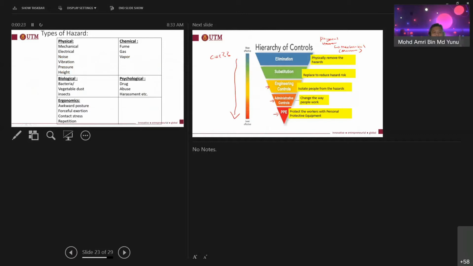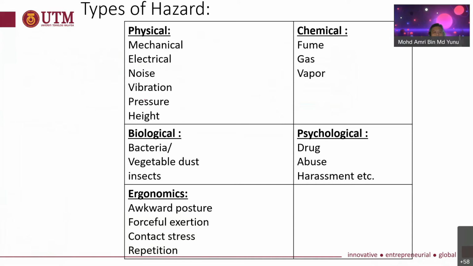But we have not seen all of them, because due to the limited time, okay, we did not see vibration yet, though it is important. Pressure also we didn't see. Example, like a scuba diver, okay, they are exposed to pressure hazard.